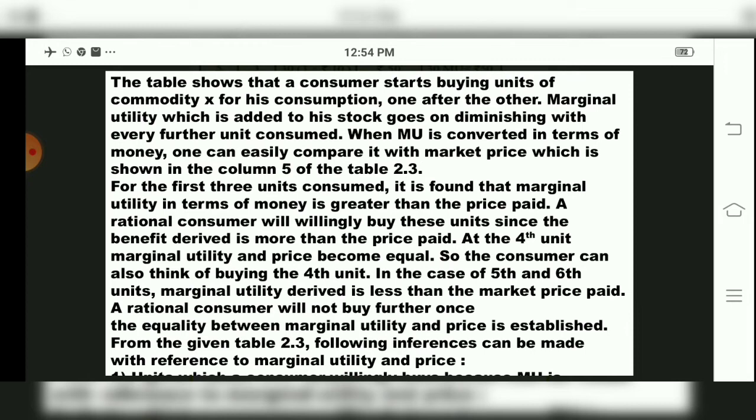And for the fifth and sixth unit, marginal utility derived is less than the market price. So when it is less than the market price, a rational consumer will not buy any further. When the relationship between marginal utility and market price is equal, the consumer will not purchase any more commodities, children.